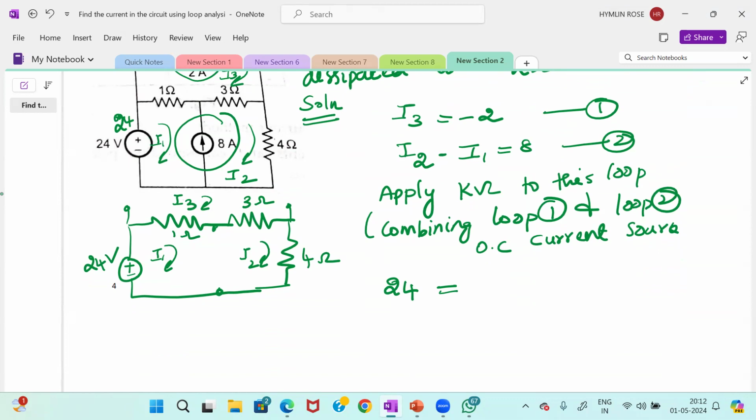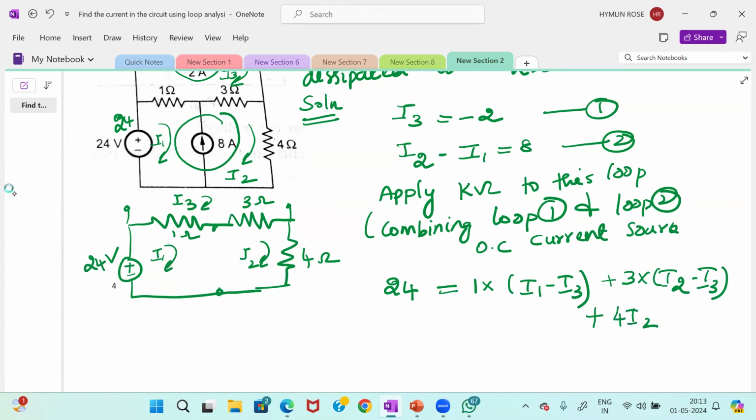So across this 1 ohm, the current is I1 and I3, so I1 into I1 minus I3. Then across this 3 ohm, the current is I2 and I3, so it is plus 3 into I2 minus I3. And across the 4 ohm, only the current I2 flows.